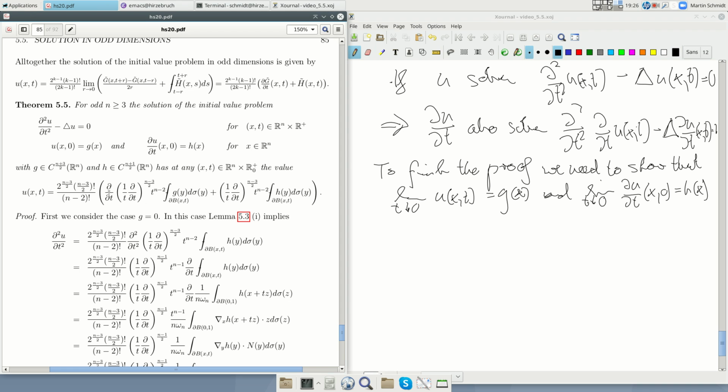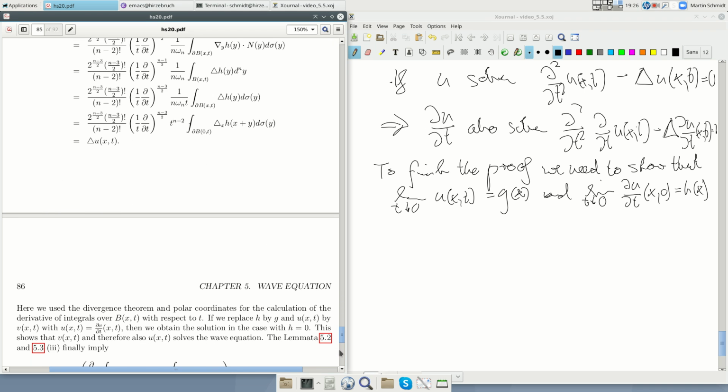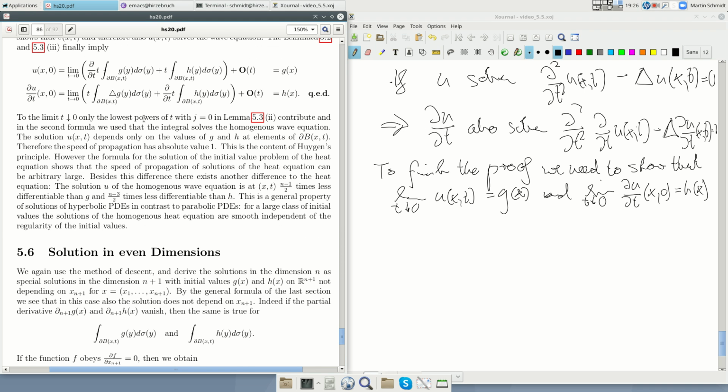So if we take the second derivative of this whole expression, then it's equal to taking the Laplacian. For this reason, if we now take the t derivative of this expression, then we get a second t derivative, and this is the same as applying the Laplacian. So we get this formula here, in the limit.